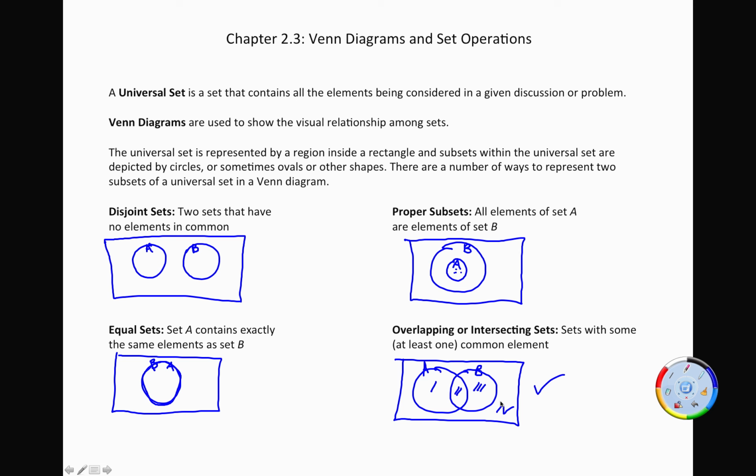The elements that belong to set A but not set B are in this region. The elements that belong to both sets A and B are in this region. The elements that belong to set B but not to set A are in this region. And the elements that belong to the universal set but are not in set A nor in set B belong in this region.